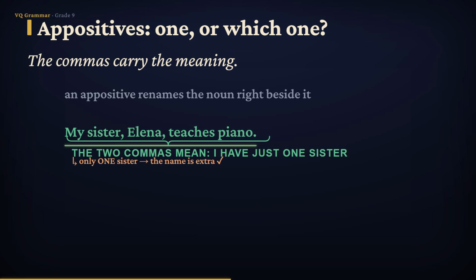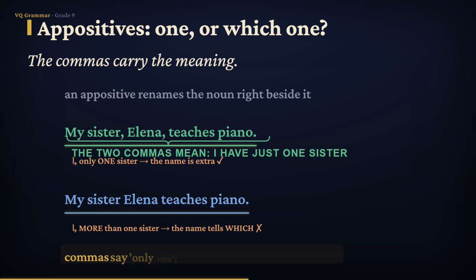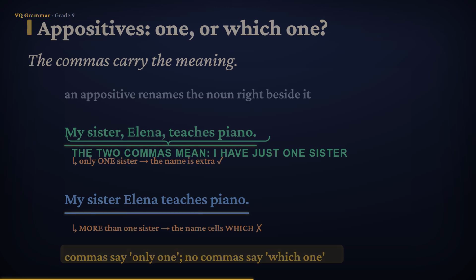Extra information. Now the same words without commas. My sister Elena teaches piano. That version says I have more than one sister, and the name Elena is needed to tell you which sister I mean. Same three words, opposite messages. The commas say I have only one. No comma says, here's which one.